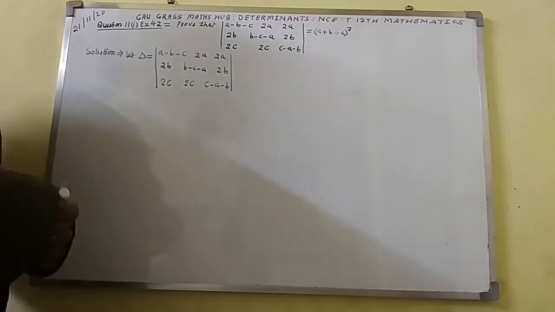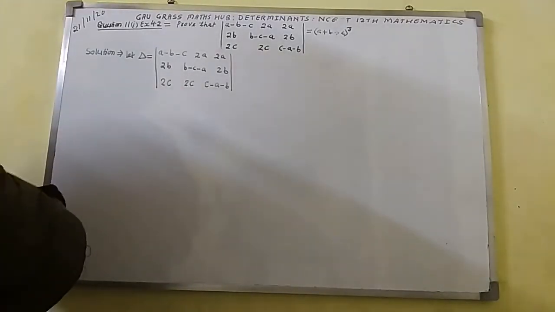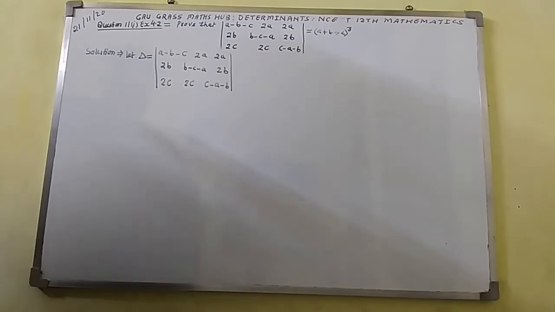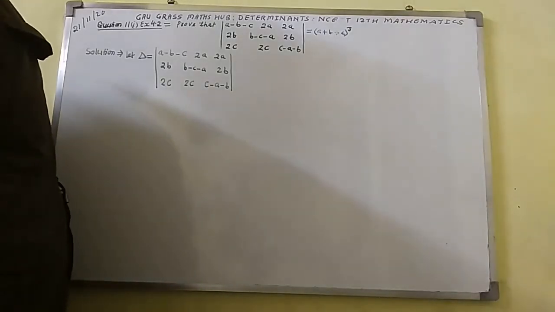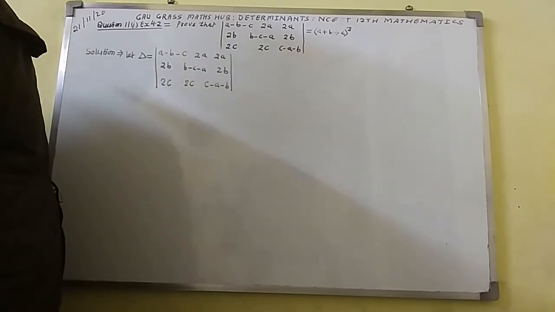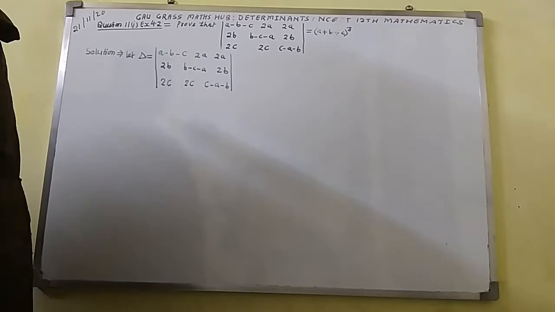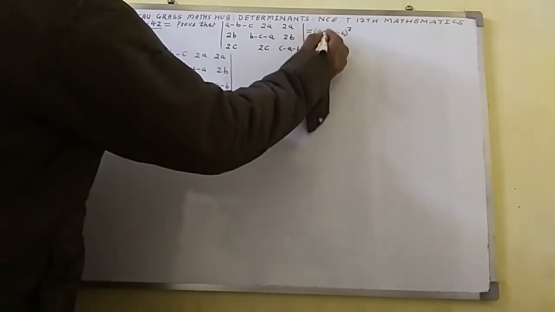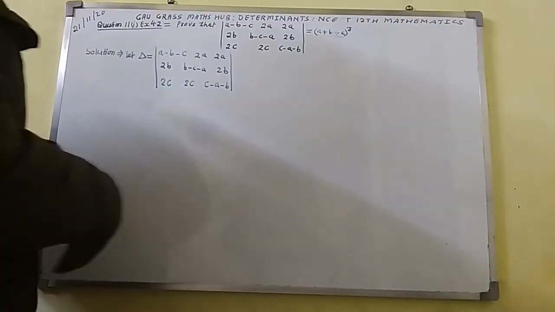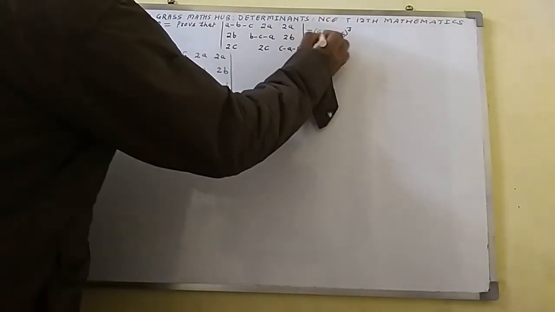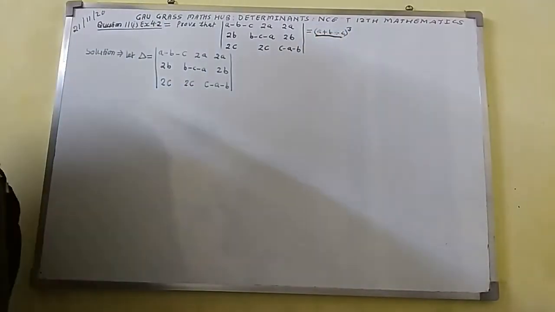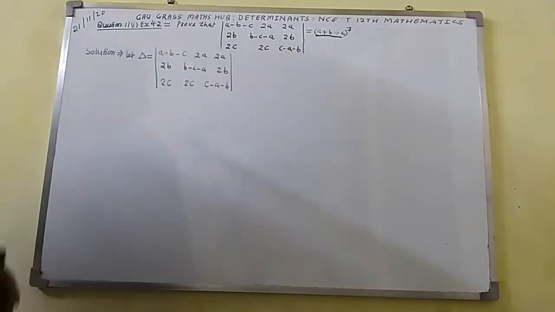Here you can see in this determinant, LHS is the determinant, and in RHS a plus b plus c whole cube is there.